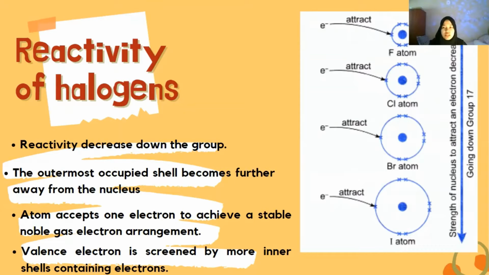This is because the strength of nuclear attraction between the valence electron and the nucleus decreases, due to the increase in inner shells and the screening effect by the inner shells containing electrons. Therefore, the tendency of the atoms to accept one electron or to react with other atoms will decrease down the group.